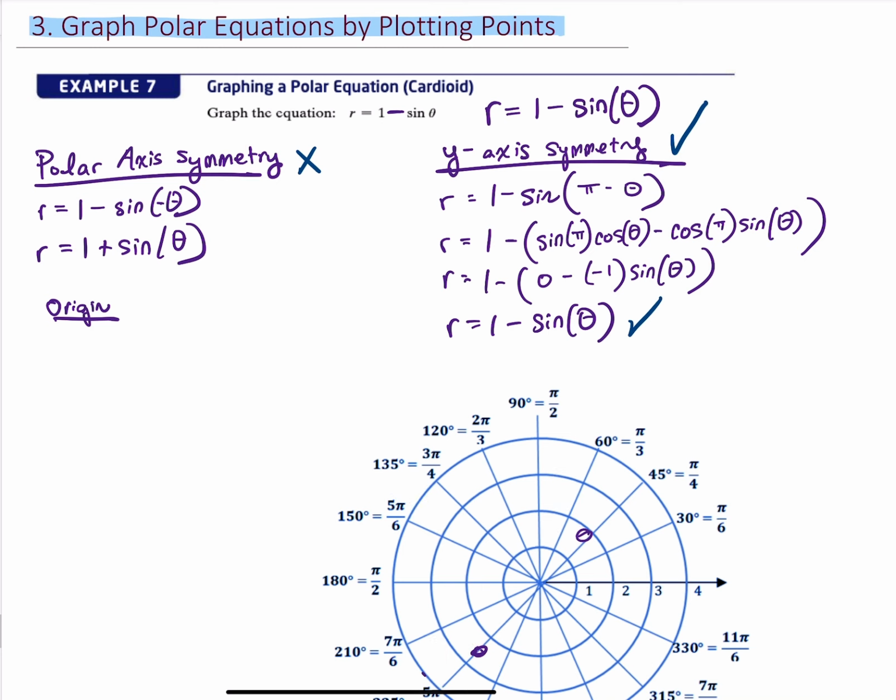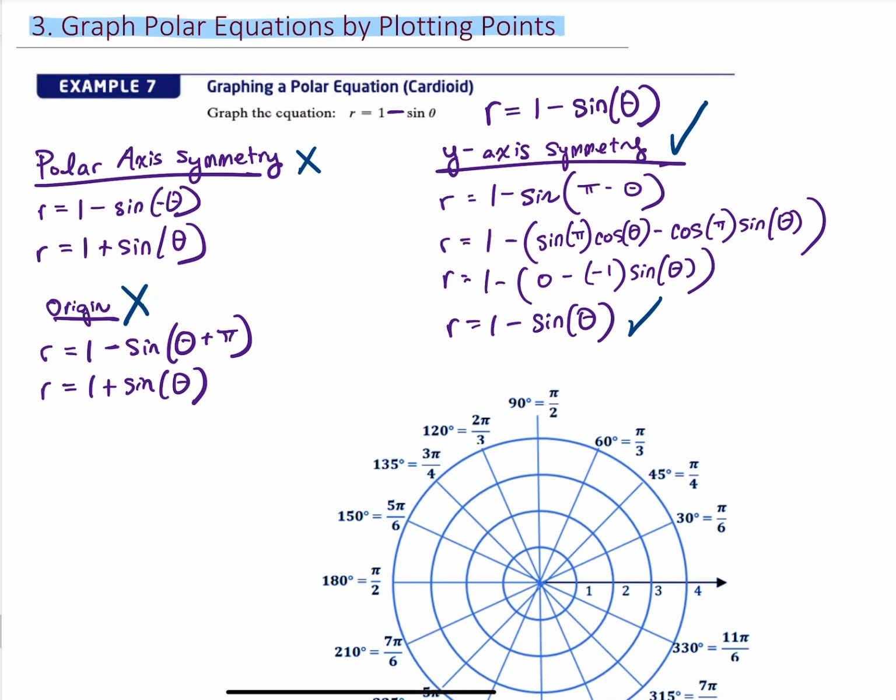So we should expect this to change things if we were to say 1 minus the sine of theta plus pi. It's going to produce the negative version of the output. So we can already expect this would be 1 plus the sine of theta. But we can also expand this out in the same way we did here, and you should get the same result. So if you want to double check.